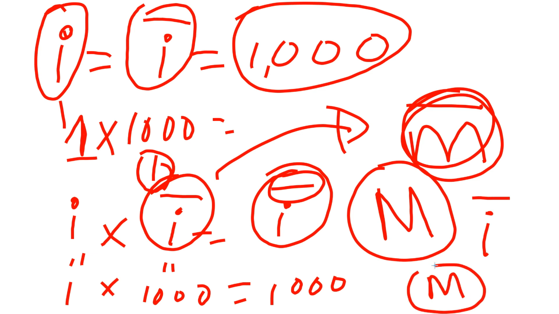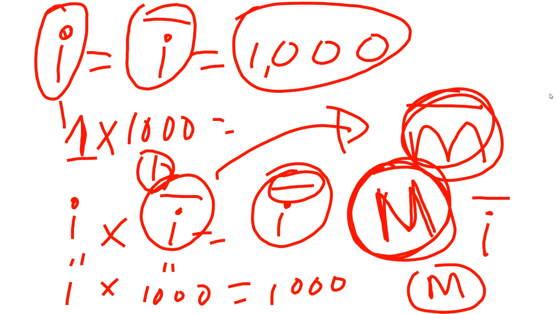That is where ubiquitousness is found. Because if you're writing I everywhere, I to mean one, and then I to mean 1,000, that may be confusing. That's why M is neutral. We're trying to make it unique so that when you see M, you know that M is 1,000.